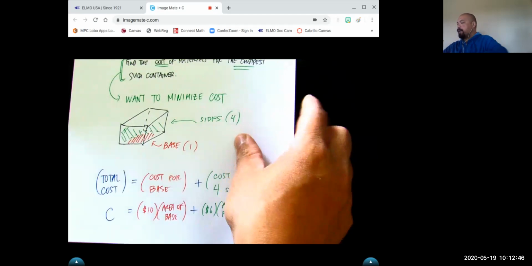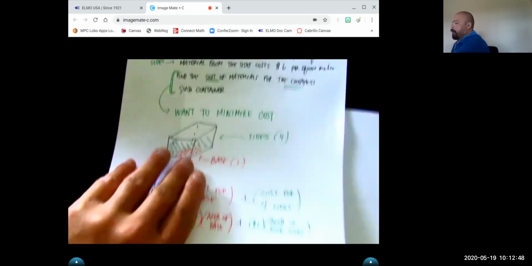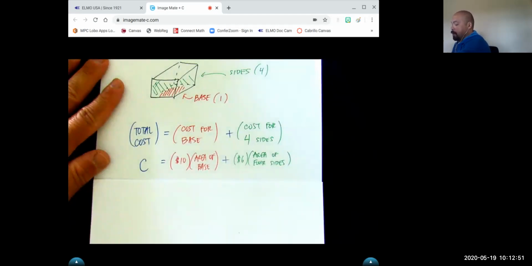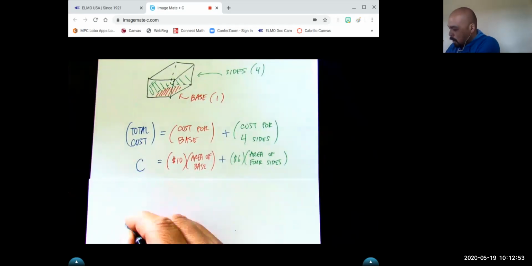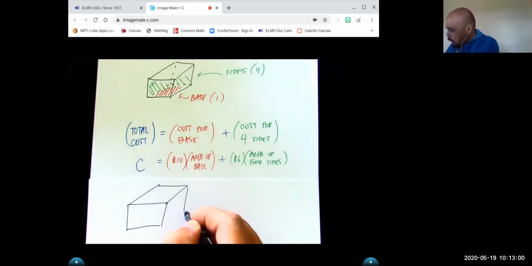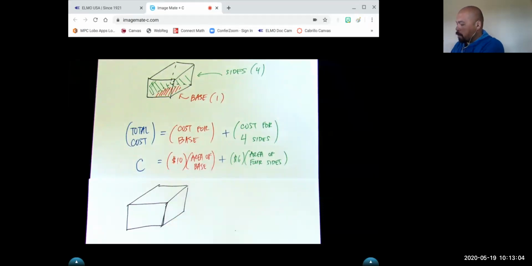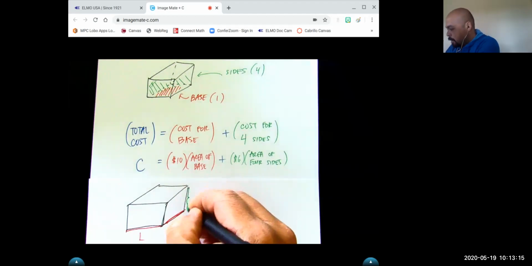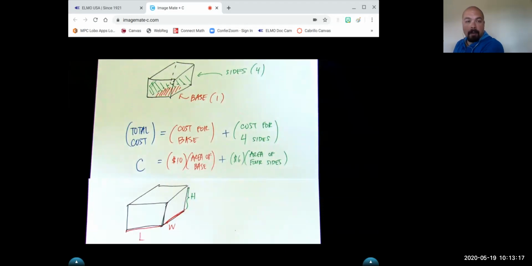Okay? So how are we going to get those components? So let's think about, again, that image, right? Start to put this together. So as I start to work on that, it's a little high on that paper, but that's all right. So here's our rectangular container, okay? And so for our base here, we have our length and our width, and of course for the sides, we're going to have that height, right?